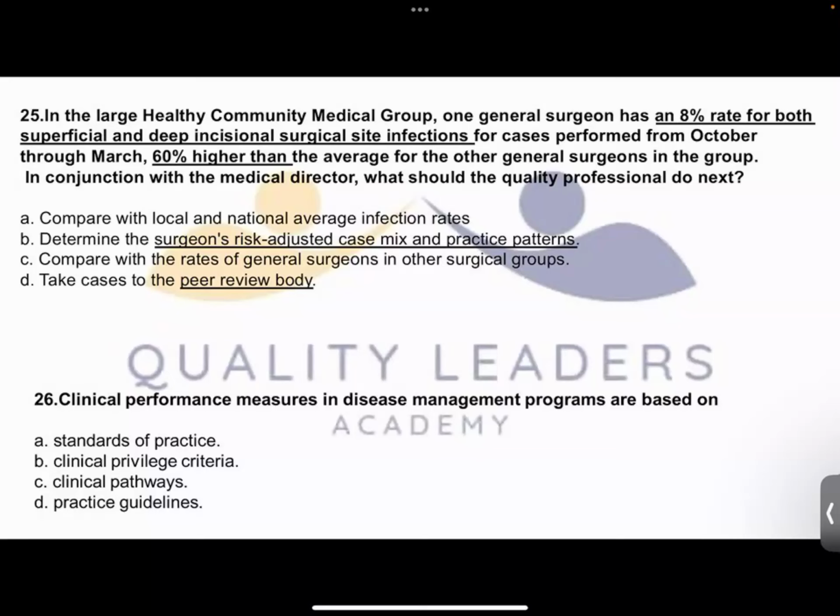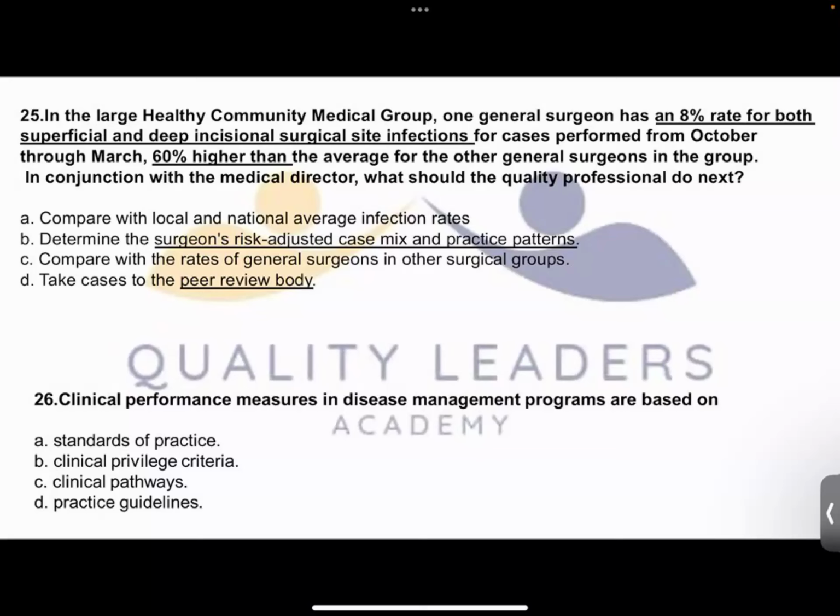In conjunction with the medical director, what should the quality professional do next? In this question, it is asking what actions the quality professional should take to address the significantly higher surgical site infection, or SSI, rate for one general surgeon compared to their peers.